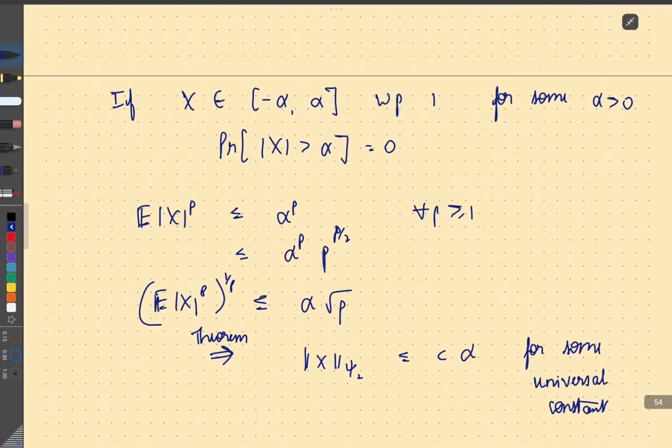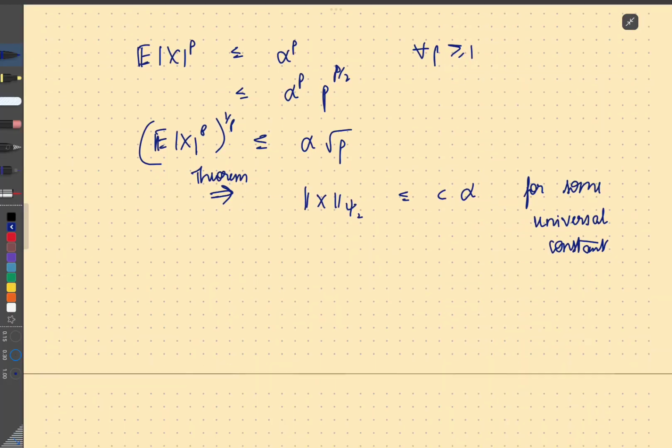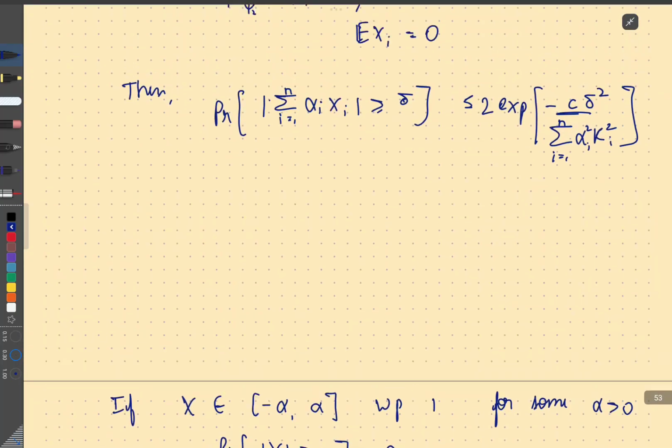Which means that if I want to use Hoeffding's inequality for bounded random variables, I don't even need to know the distribution of the bounded random variable. All I need to know is that the random variable is supported within some particular region. As long as I know that, I automatically have a tail bound.